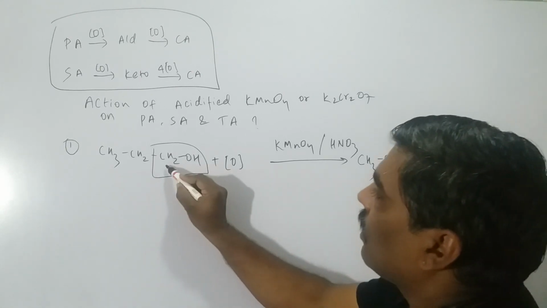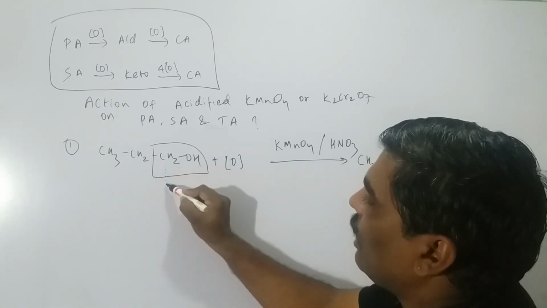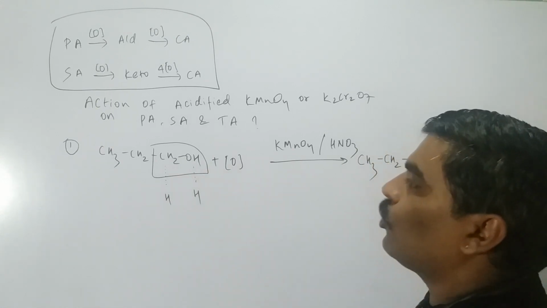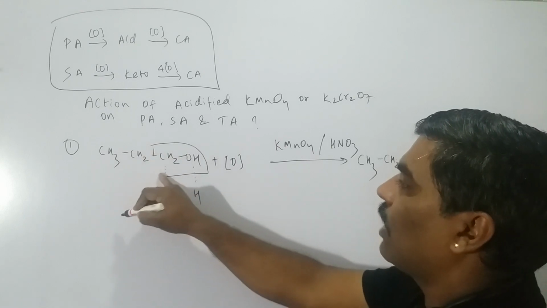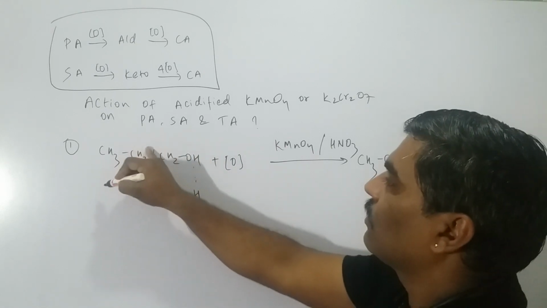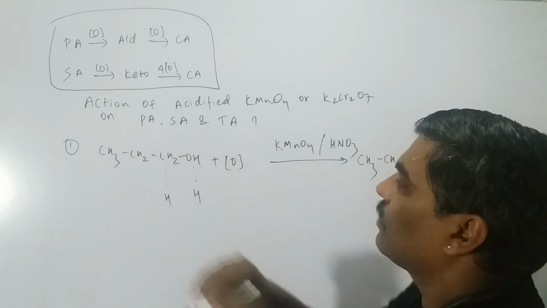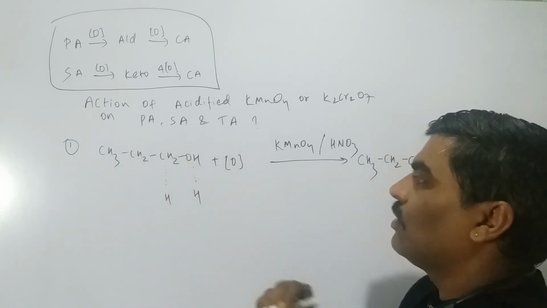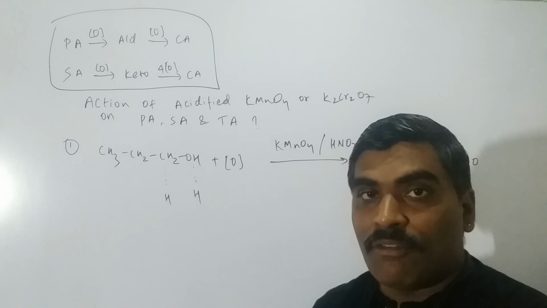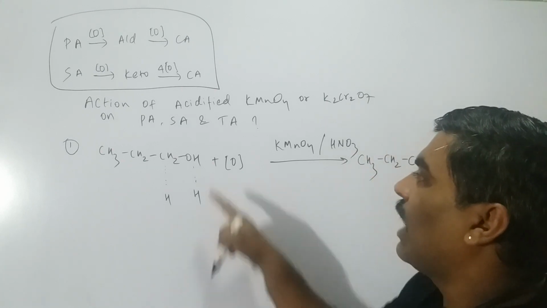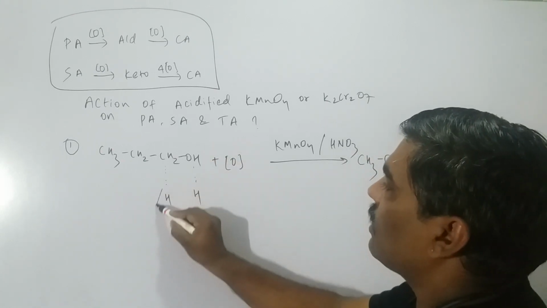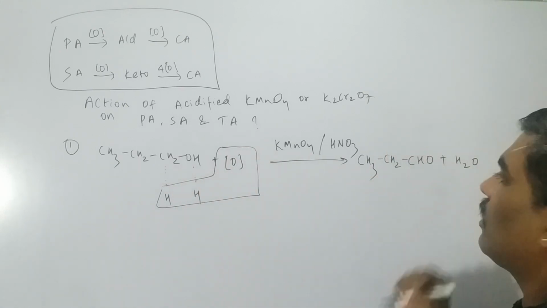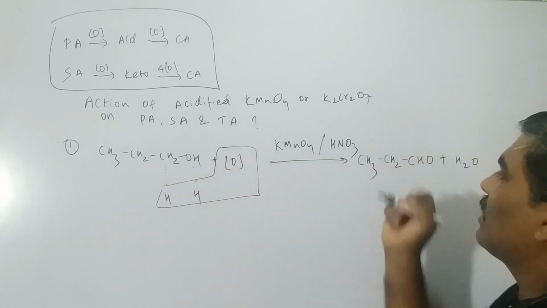See, the alpha hydrogen comes out, and hydrogen from the functional group. Yes, hydrogen is coming out from the alpha carbon and functional group. This becomes water. See, a water molecule is given out, and what forms is aldehyde.